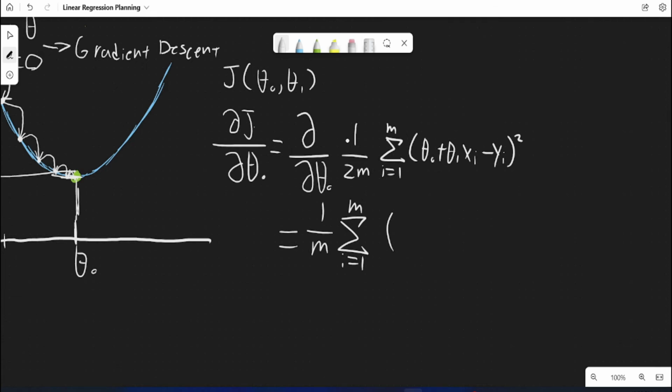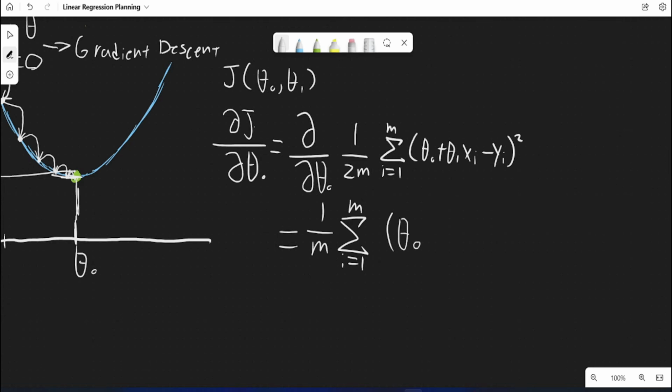It's either this or maybe we don't write the 1 over m. I'm not really sure about this. If you have taken partial derivatives, you can correct me here, but I don't think we should include it. Maybe we should, I'm not sure.